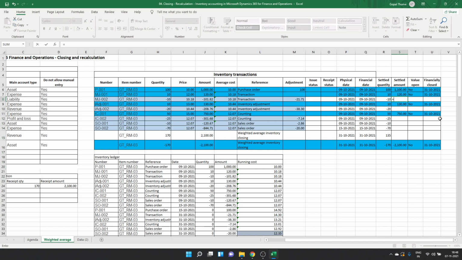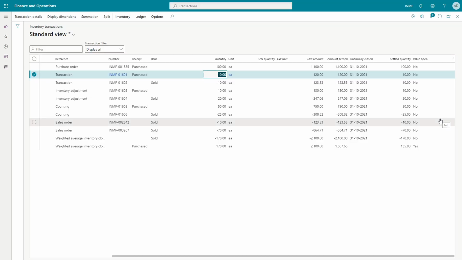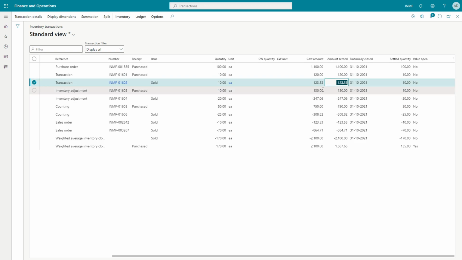Now how much value or amount is settled here? That formula will remain the same. Whatever financial cost is posted plus whatever adjustment is posted up to the closing date is settled here, right? This is settled.